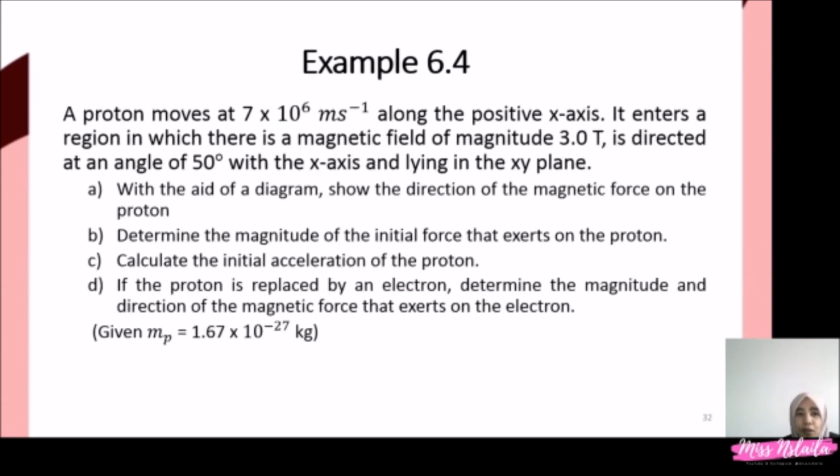Example 6.4. A proton, positive charge, moves at 7 times 10 to the power of 6 meter per second along the positive x-axis. So you can sketch an xy axis, or maybe we need z axis also.